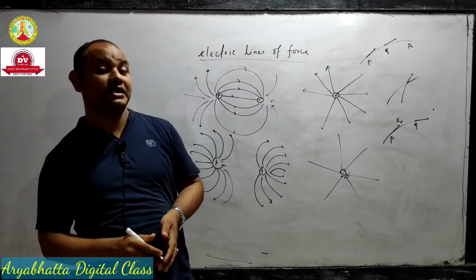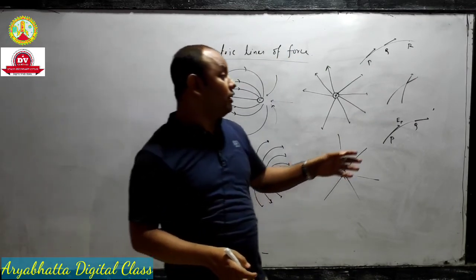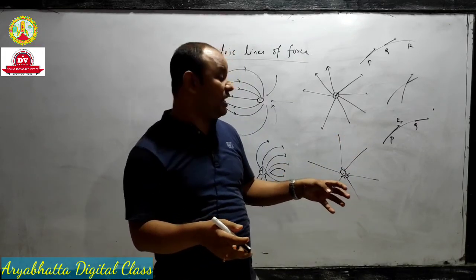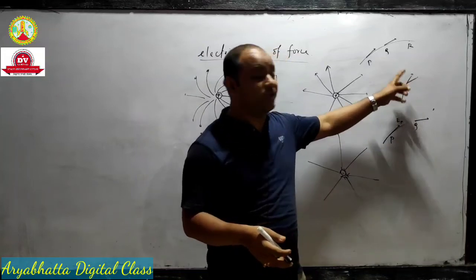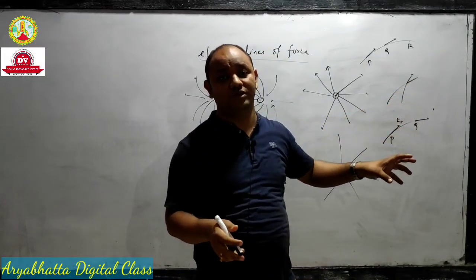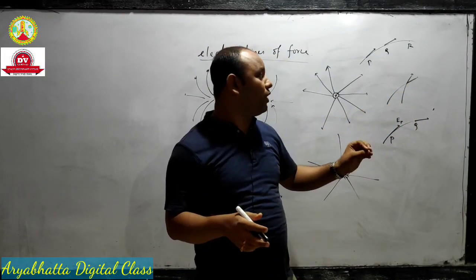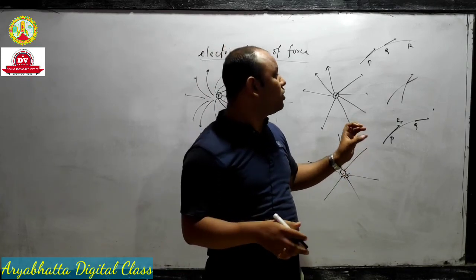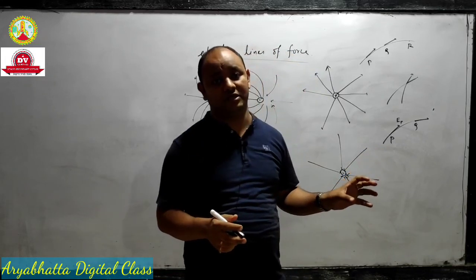That means at a single point we will have two electric fields, that means the electric field having two directions, which is impossible. At a single point the electric field has a single value. Okay, that is why two lines of force do not intersect.